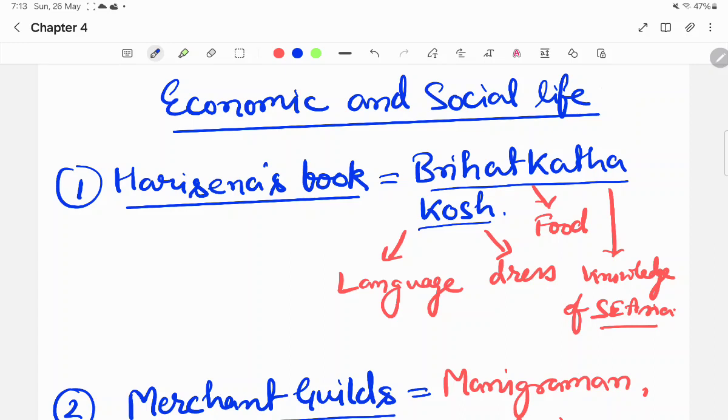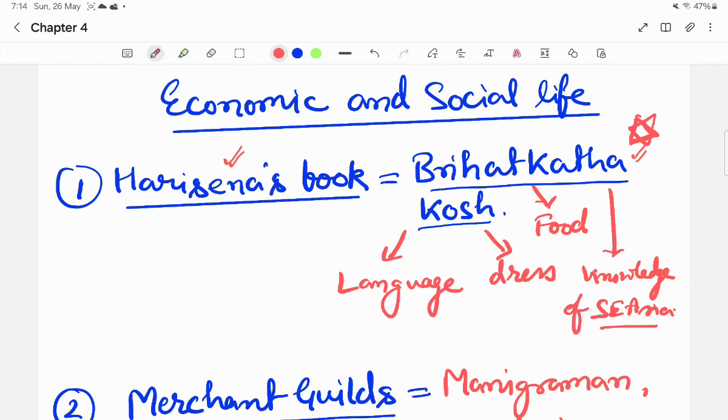So the economic and social life of that period can be studied from Harisena's book Brihat Katha Kosh, right? So these book names should be remembered, so that if they come in any exam, you may be able to mark the right answer, right?